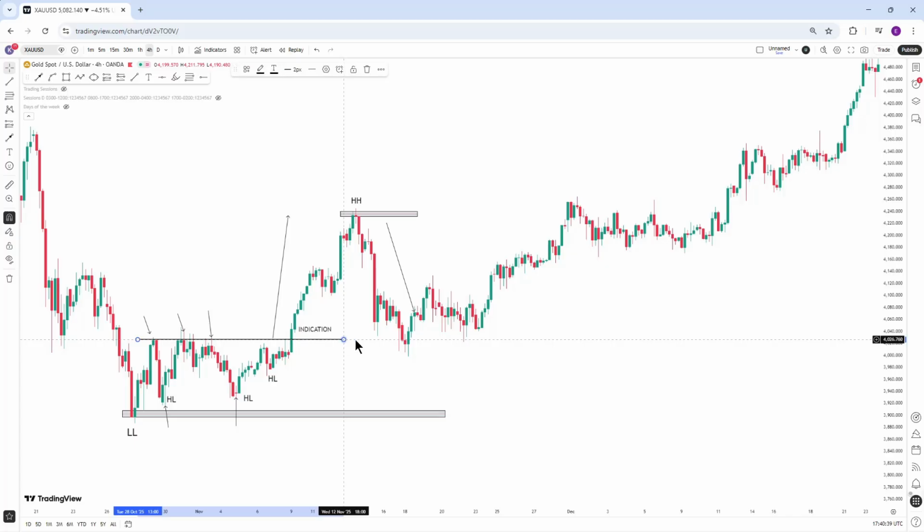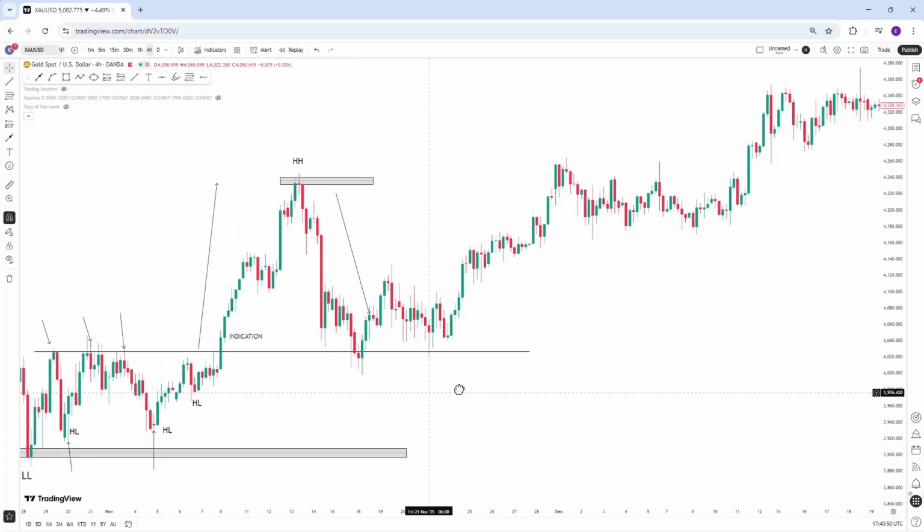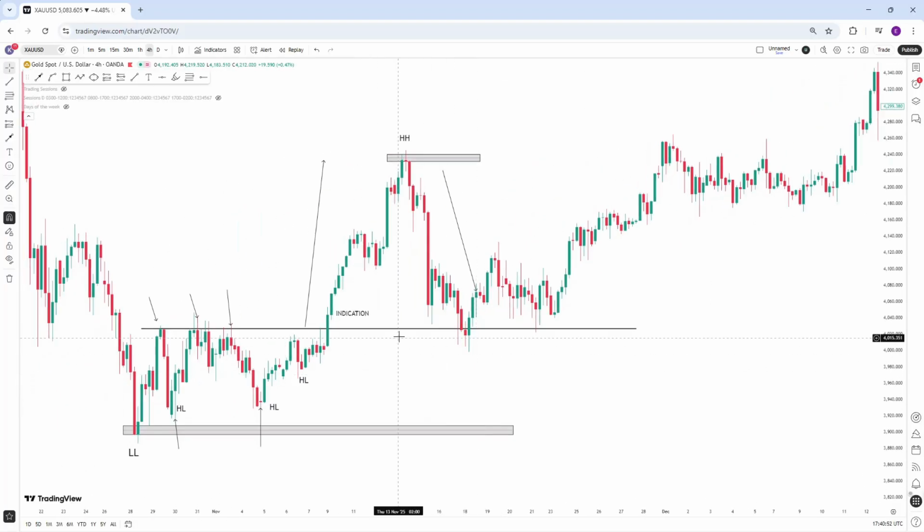Market starts making lower lows, lower highs, and goes down into this area. So what do we do after the market has entered below this area where sellers are sitting? We go to the lower time frame, the 1 hour time frame.